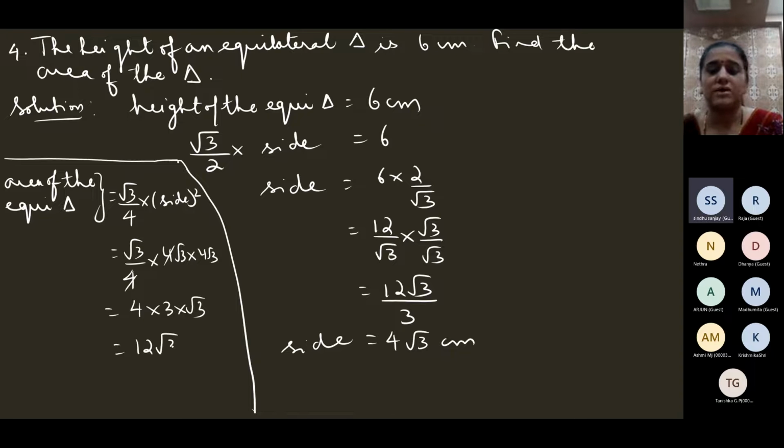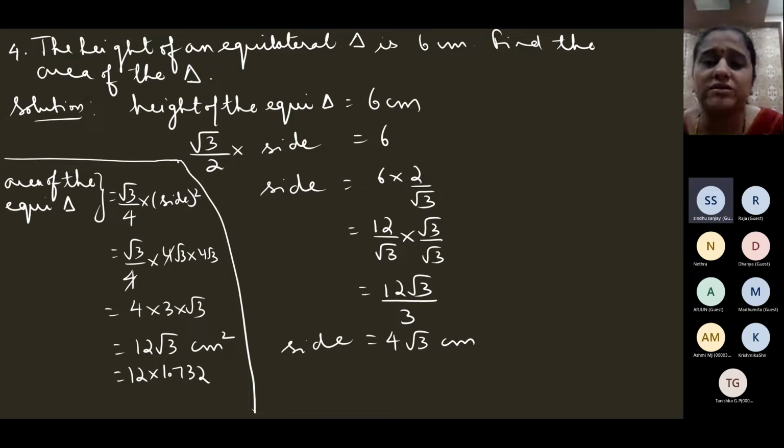Ma'am, can we use half into base into height for this, to find the area? What is the base? Ma'am, we can take any side as base and the height is 6 centimeters, and we can find the base. The base will be one side of the equilateral triangle, and all the sides will be equal. See, now to find the area you need the base and height, right? Yes, ma'am.